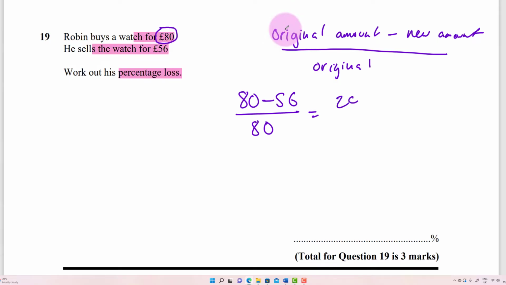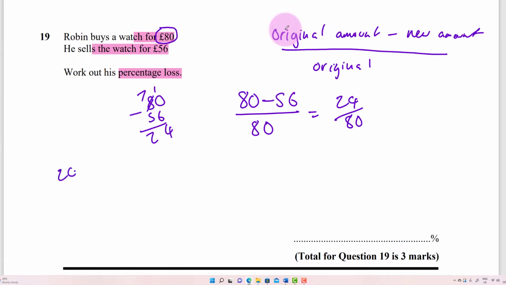That's 24 over 80. Now if in doubt, it's fine to work out that subtraction like so. So you carry and like so. Now the skill here is, can you convert that to a percentage? So we can do this.